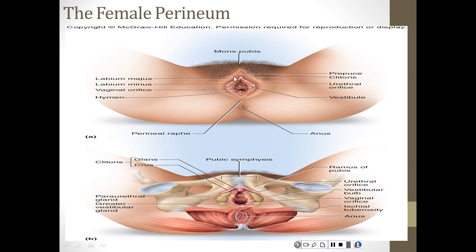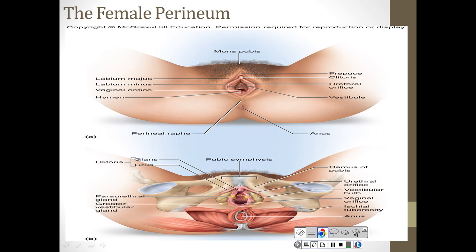Then we have the labia majora. Might be off with the pronunciation here, but the labia majora is a pair of thick folds of skin and adipose tissue inferior to the mons, so it's underneath the mons. Now there's a slit between them, and that's called the pudendal cleft.